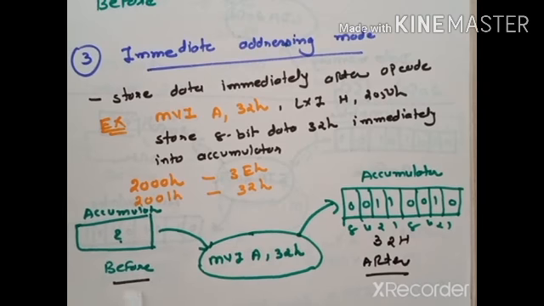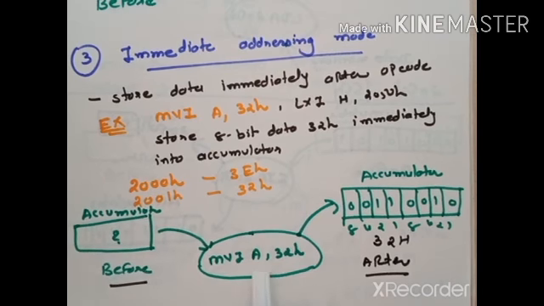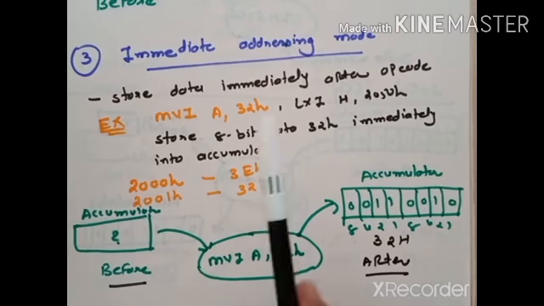Before execution of this instruction, the content of the accumulator is unknown. After execution, the content of the accumulator is 32H. That means 32H is immediately transferred to the accumulator. That's why this mode is immediate addressing mode.